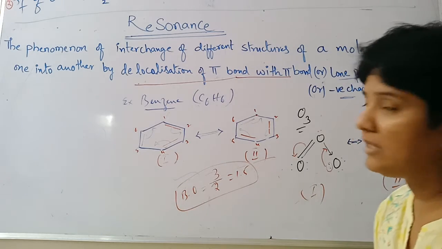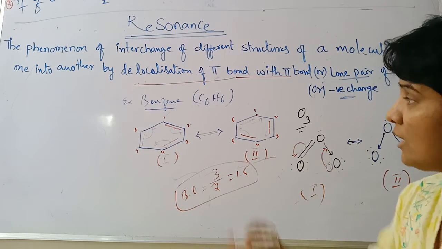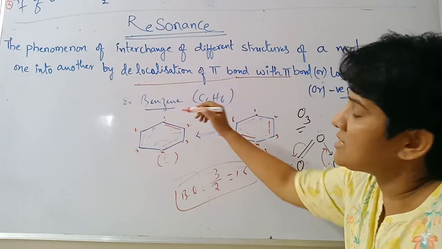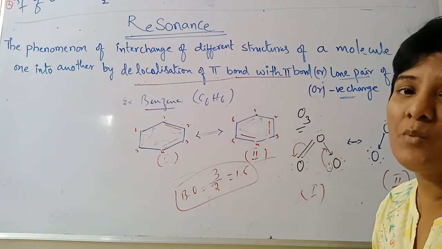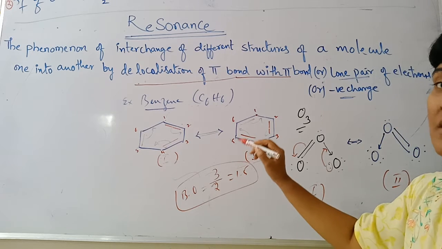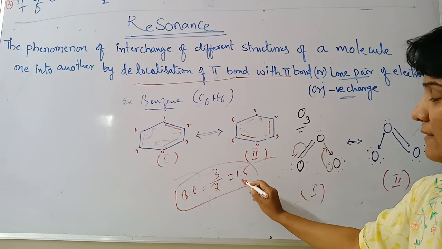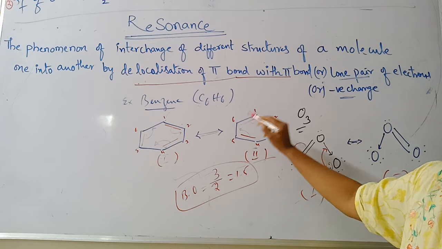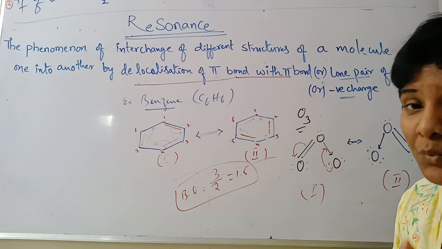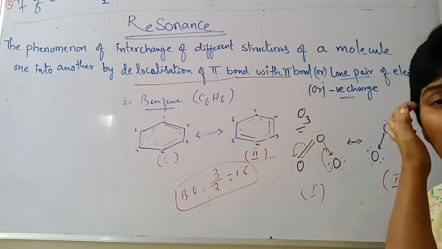Means here you can't say that between any two carbons there is a double bond, or there is a single bond. Here the structure is indicating that the bond order is 1.5. It is neither a double bond nor a single bond, but in between the double bond and single bond.